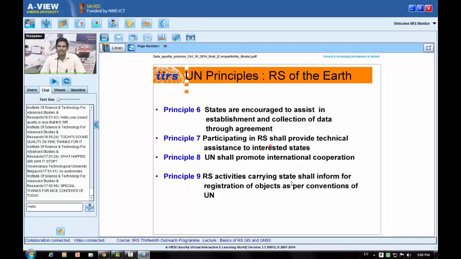Participating in remote sensing, states shall provide technical assistance to the interested. That means the expertise you have, you should be able to spare.